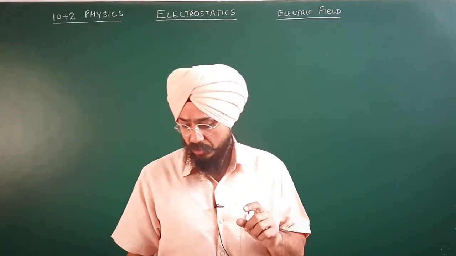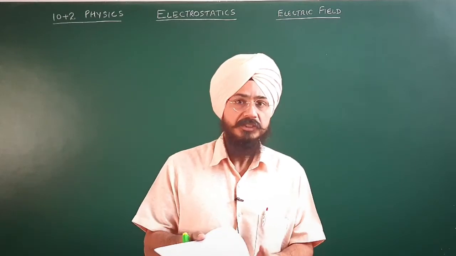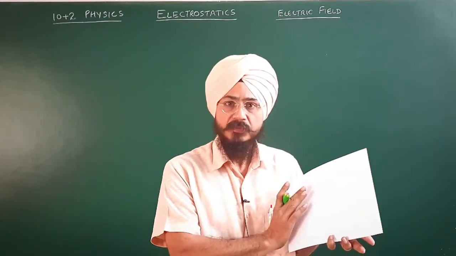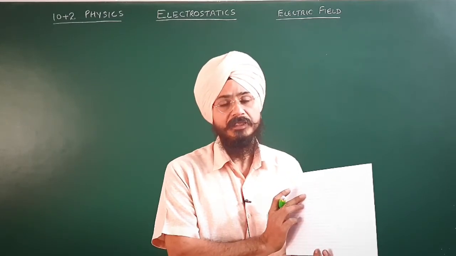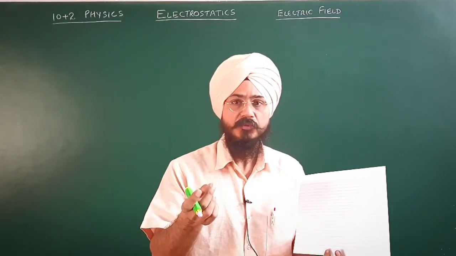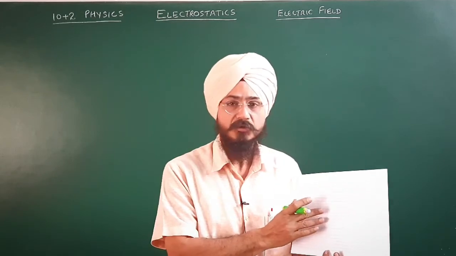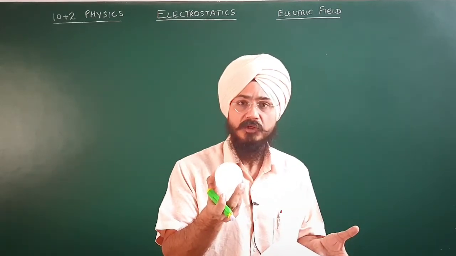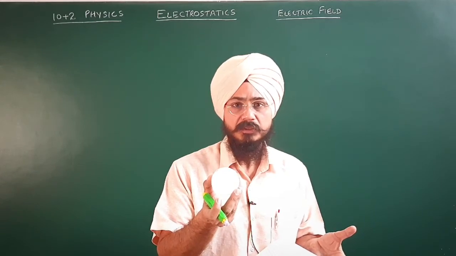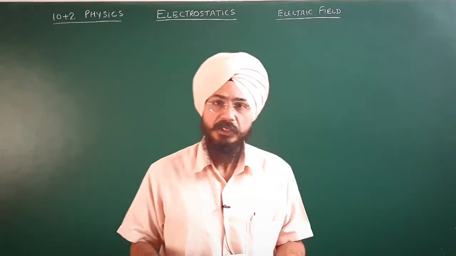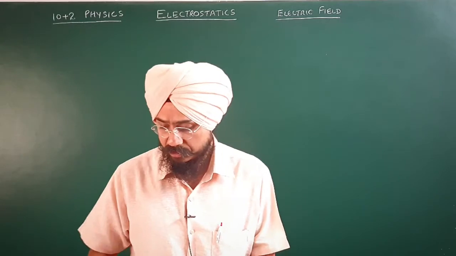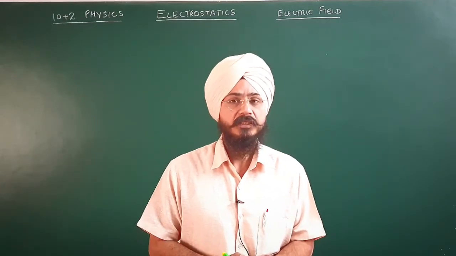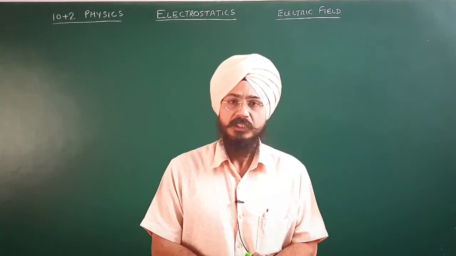But when we have a charge distribution like this whole sheet of paper having charge on it, or the charge on this ball, how will you calculate the electric field at any point? Today in this lecture we will study how to find the electric field due to these types of charges.